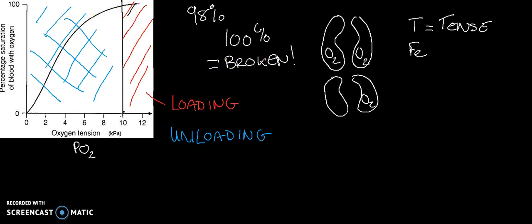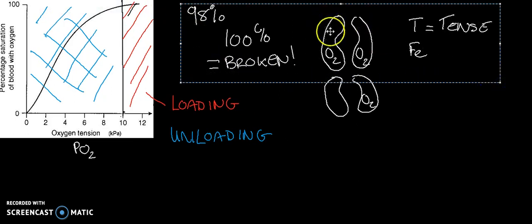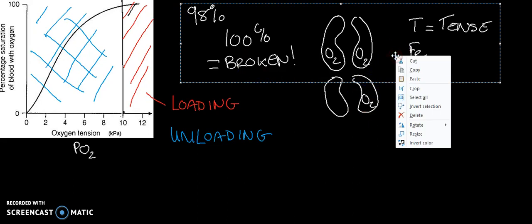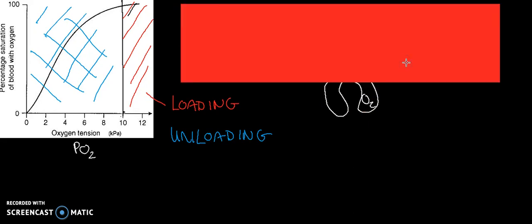So I'm going to clear some of this stuff to give myself some more room to draw, and hopefully make you think a little bit about why it is that your teachers and your lecturers start asking you to think about what is going to shift our oxygen dissociation curve left and right.